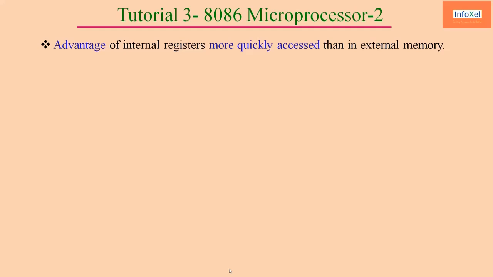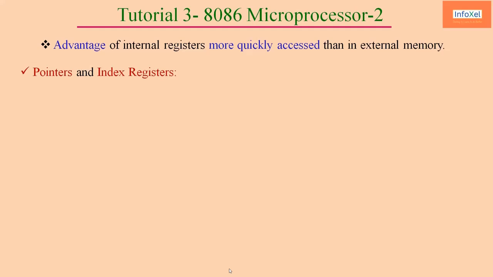We already discussed this in the first video. Memory, input devices, and output devices are external to the microprocessor, so extra time is required for accessing memory, input, and output. If we use internal registers, the time consumed for accessing them is very little.